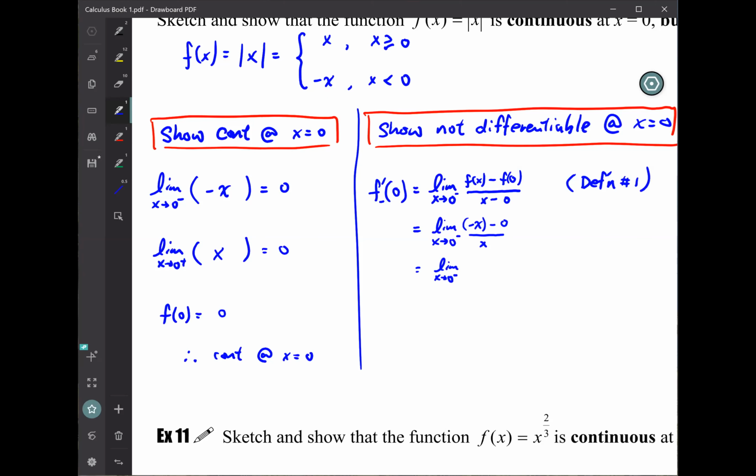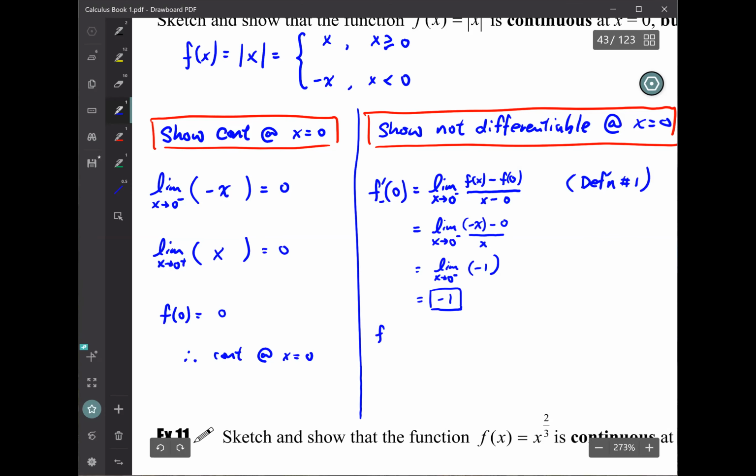That will be negative x over x. That will give you negative 1, right? There's no x to sub in, there's no variable anymore, so it will just remain negative 1. So this is telling us that the slope coming from the left side is negative 1.